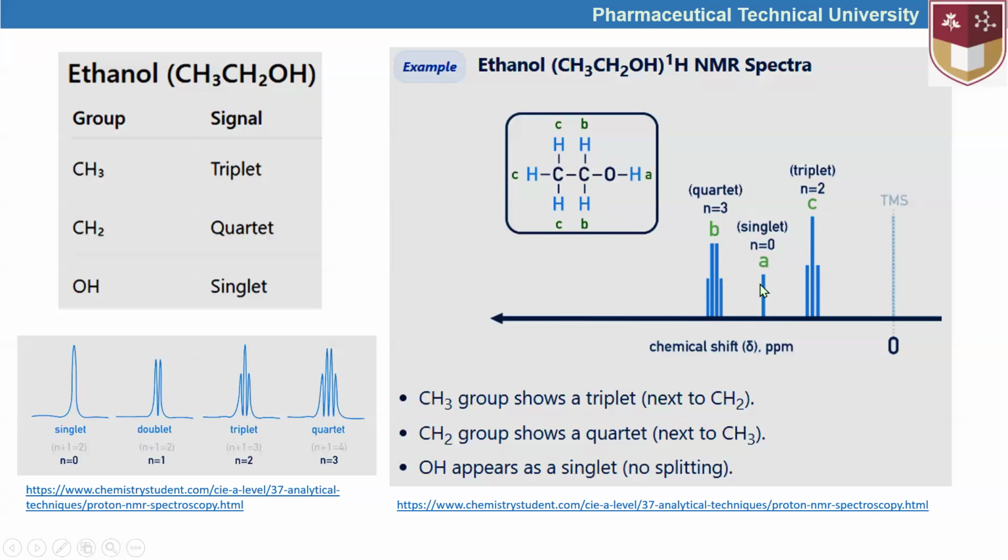That's why it is quartet, and this is triplet. Good. So the methyl group shows triplet here. The CH2 group shows quartet, next to 3, and this is next to 2, and OH appears as a singlet, no splitting. Okay, next.